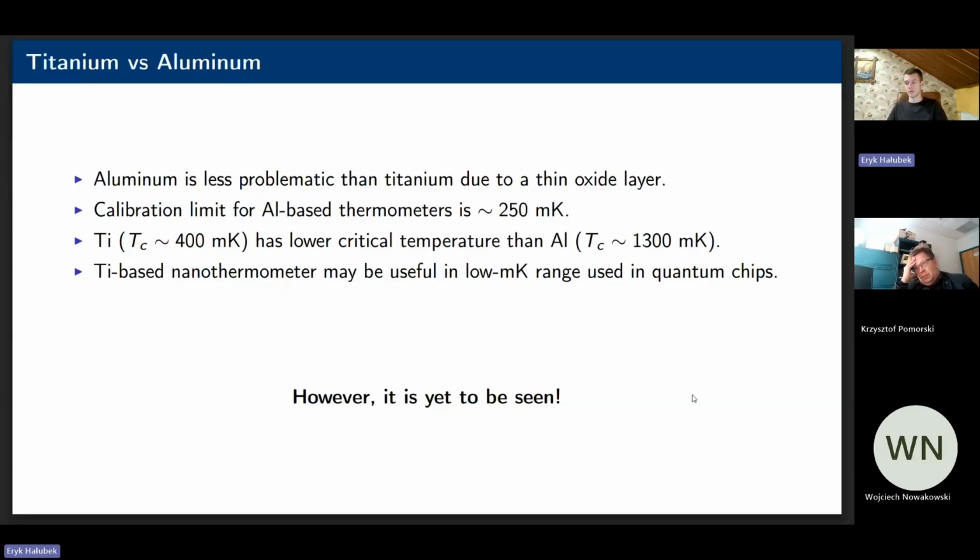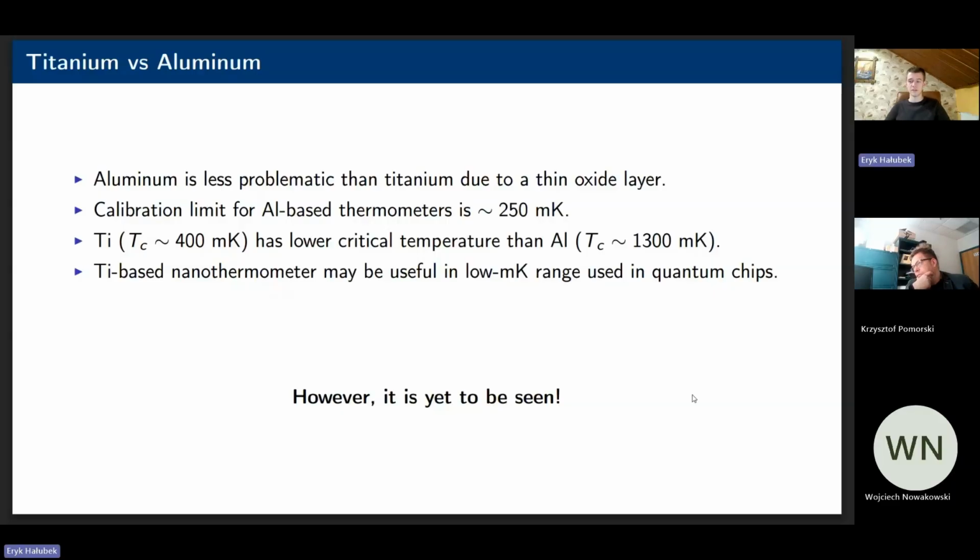It depends on the level of vacuum that you had in your vacuum chamber, because of the impurities that could be involved in the process of forming oxides. It could range from, let's say, 200 millikelvin up to 600 millikelvin. It really depends on how you prepared your sample. With aluminum, it is about 1.3 Kelvin, and aluminum is not as demanding.